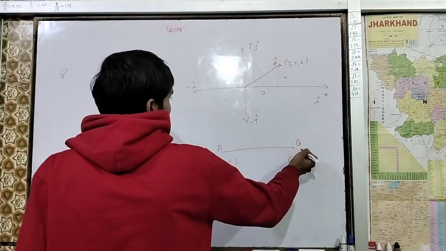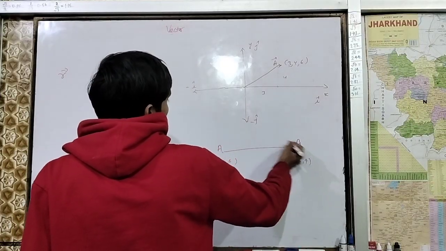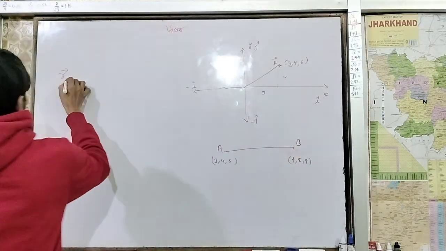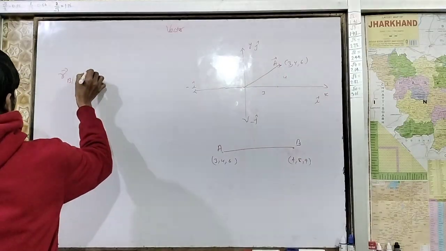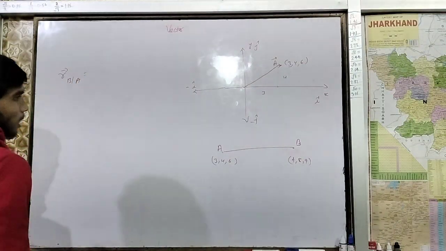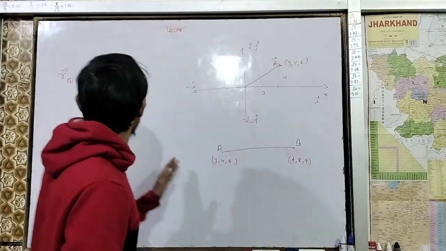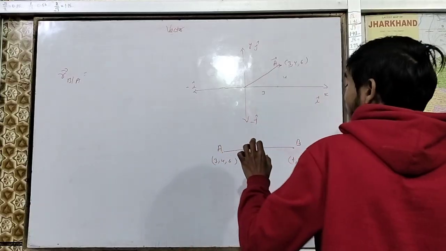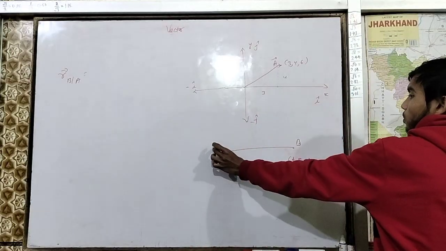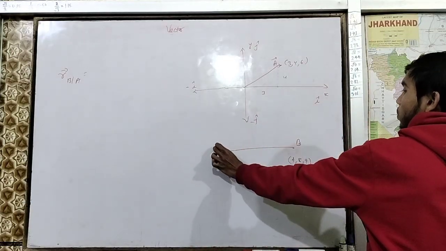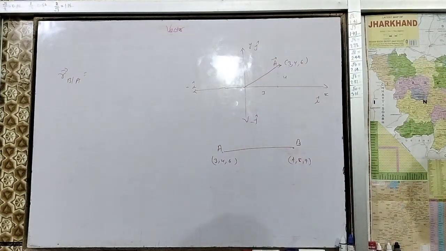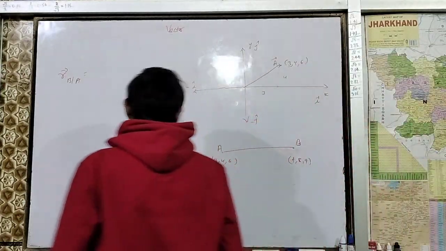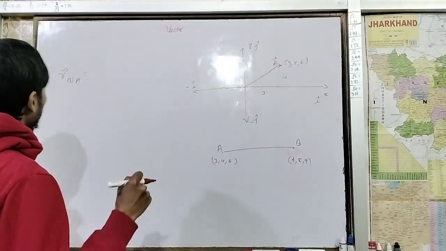So position vector of B with respect to A will be our... our reference point in this case is A. Location of this with respect to this one.